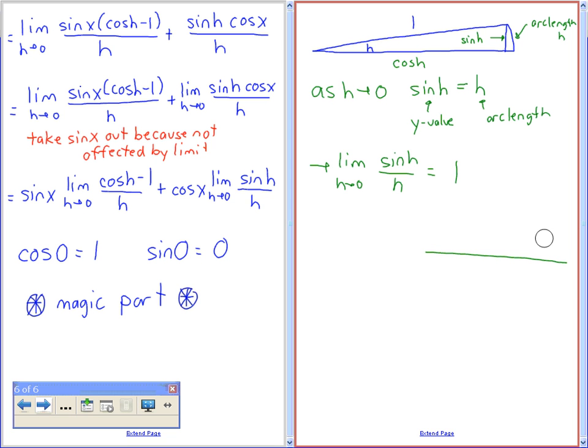Okay, so let's neaten this up and see what we can do. So this turns into sine x. Limit as h approaches 0, cos h minus 1 all over h, plus cos x times 1.